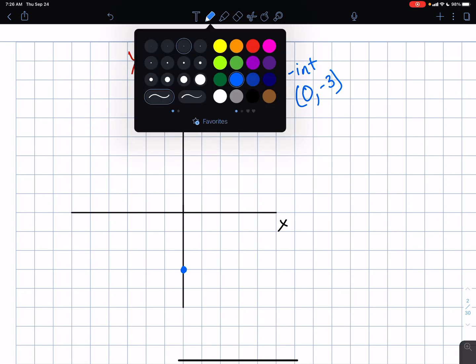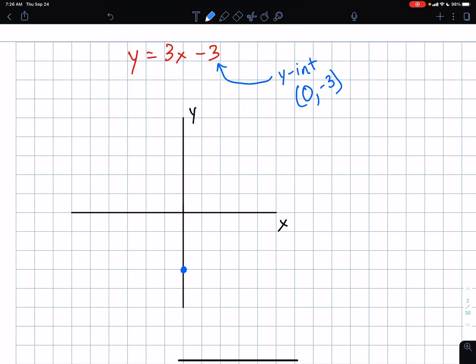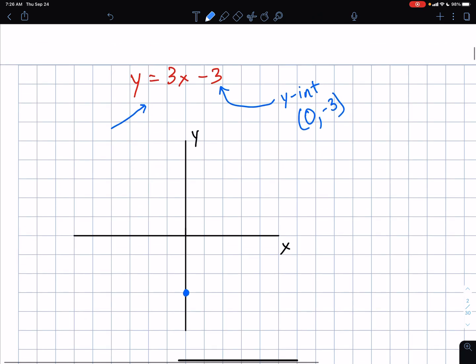Now, the next thing I'm going to work with is our slope. Our slope is the number in front of the x, right? That is the m portion in y equals mx plus b. And we can consider slope to be a fraction, rise over run. And when we think of it as rise over run, it really helps us plot new dots on our grid so that we can ultimately connect the dots and create this line.